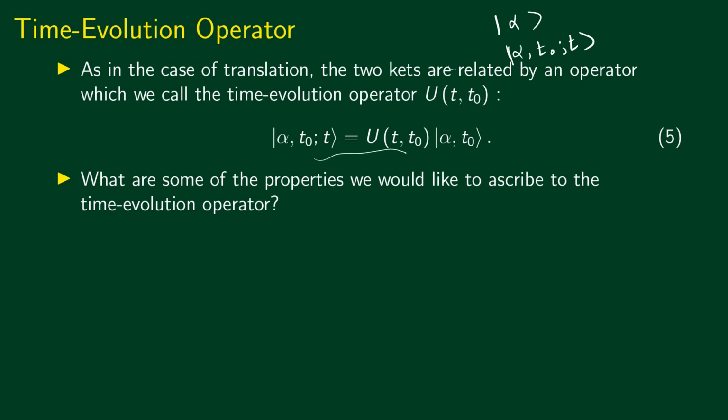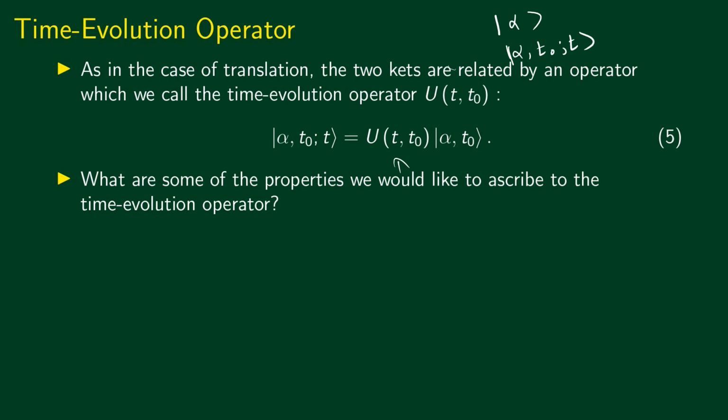If we start with such an equation, are there some properties that we would like this time evolution operator to have? And as we said, here is where the ideas from classical mechanics come in. We know that in classical mechanics the equations of motion, or the time evolution equations, were deterministic and reversible. In other words, we had conservation of information.